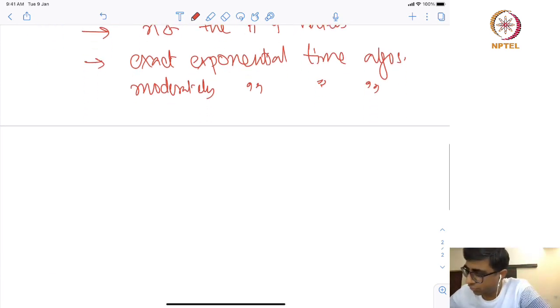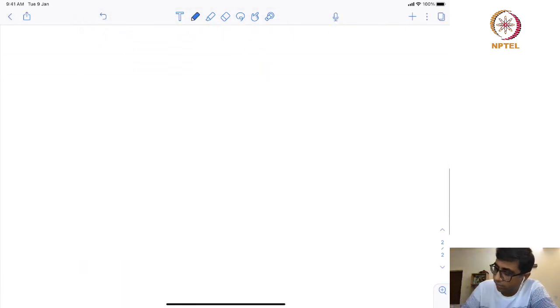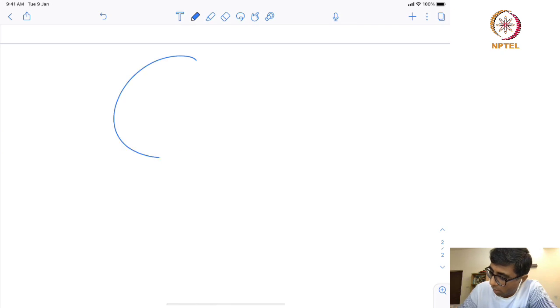So what will our generic algorithm be? The generic algorithm for this problem is as follows. Here is a graph G on n vertices.